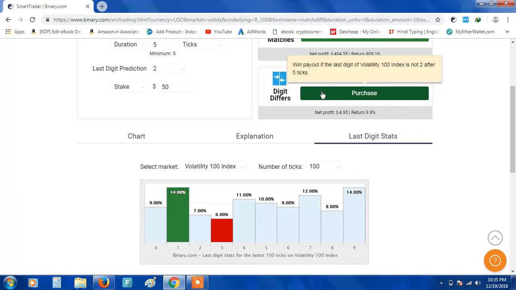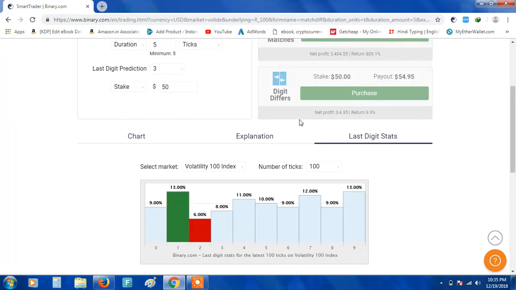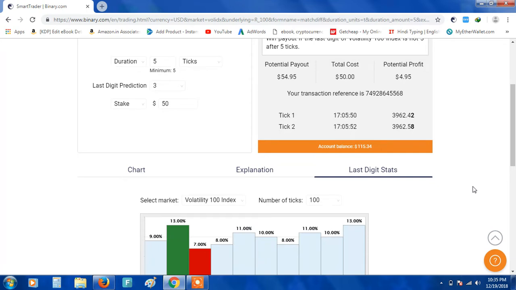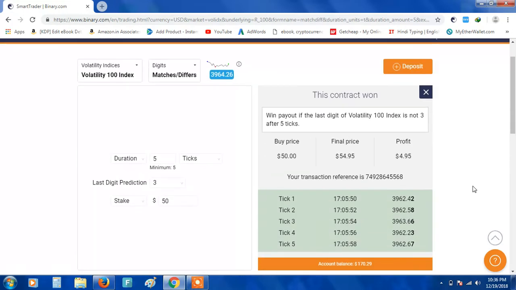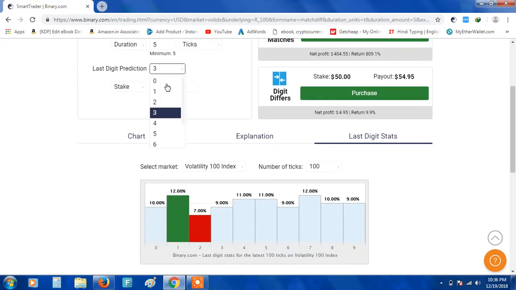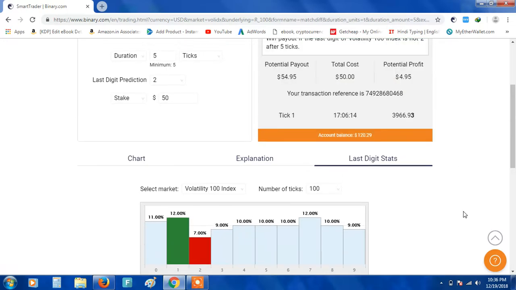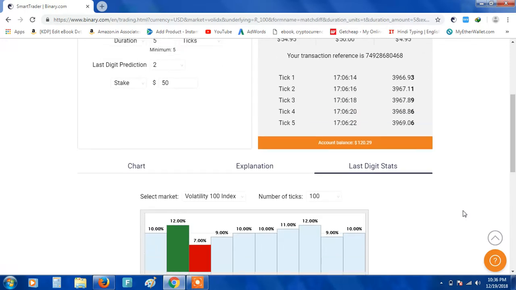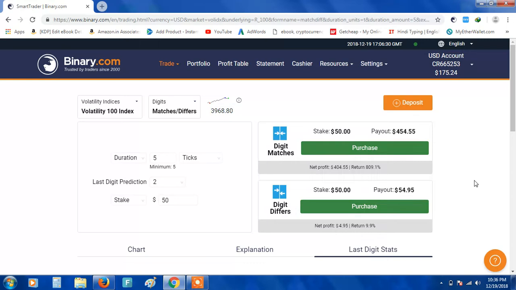Just wait. Third continuous win. Yes. Again. $20 profit. 4 continuous wins.